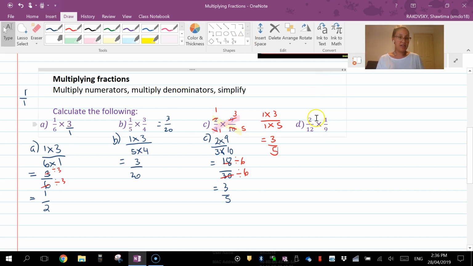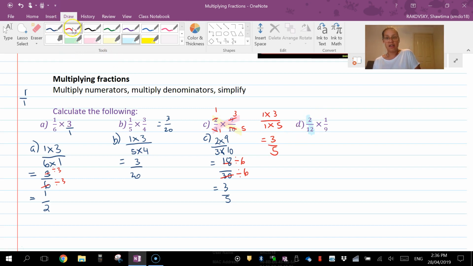In this case, it is one of those ones where it is a vertical, because if we have a look at 2 and 9, they don't have a common factor, except for 1, which doesn't change anything, and 12 and 1 doesn't change anything. But if we have a look at this number, we can find a common factor here, which is 2. 2 divided by 2 gives us 1, and 12 divided by 2, because what we do to the top, we must do to the bottom, gives us 6.